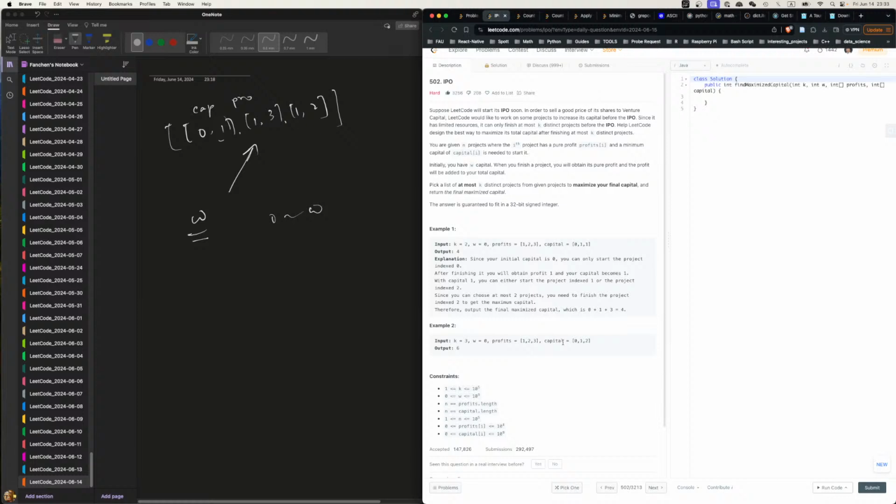So you have the current W. We can put all the projects whose requirement is smaller or equal to W into the heap. So you throw all of them in, you get those, and you pop the best out. You use it, now you get bigger, and you keep going.